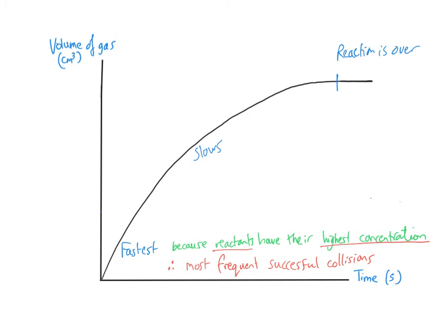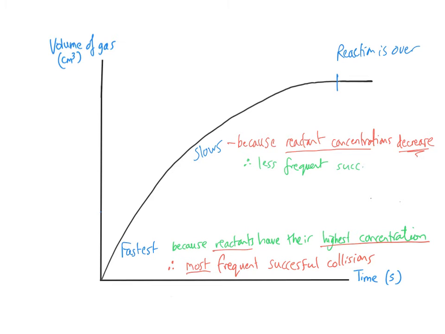And so therefore, we're going to have the most frequent successful collisions at any point in all of the reaction. That's right at the beginning. And the reaction slows down because the reactant concentrations decrease as time goes by, and that therefore means there will be less frequent collisions and less frequent successful collisions.